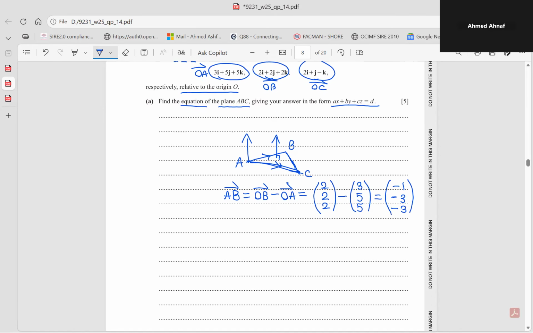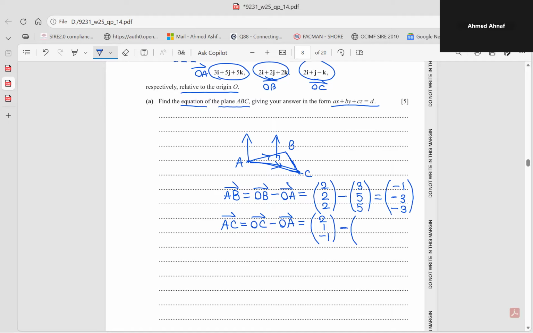Okay, and now let's find AC. AC is just OC minus OA. So OC is 2, 1, -1 minus OA.